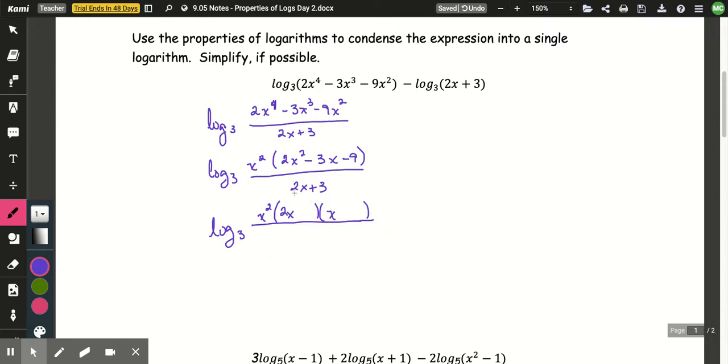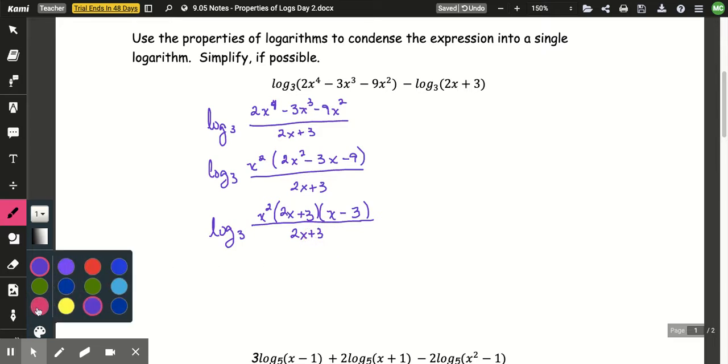So I'll go ahead and set it up for factoring. I've got 2x times x to make that 2x squared. Then my outside product, 2x times a negative 3 would give me that negative 6. And then a 1 times a positive 3, so plus 3 here, would give me the positive 3. Okay, so now I can see that I do have a factor in the numerator and the denominator that could cancel.